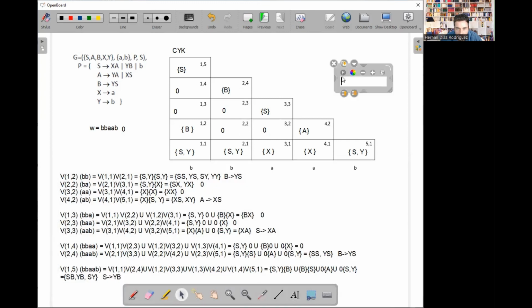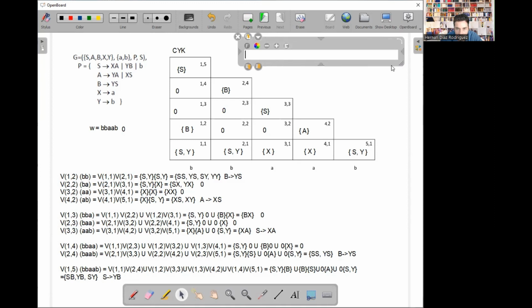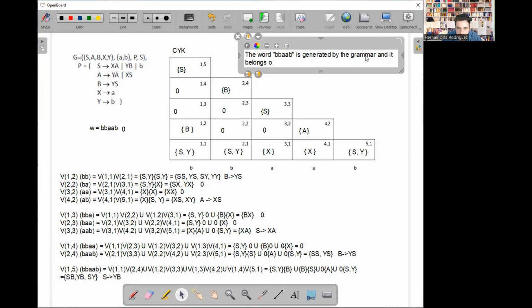We have finished, and what we would say is that the word is generated by the grammar, and it belongs as well to the language generated by the grammar, right?